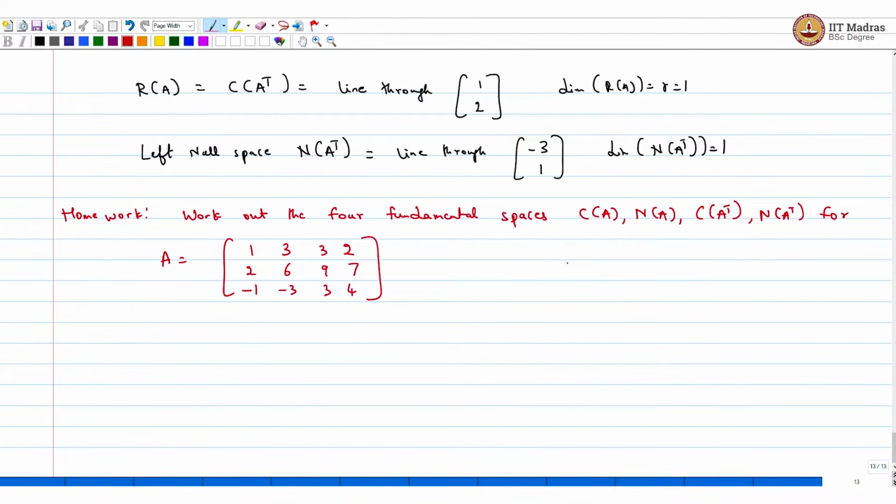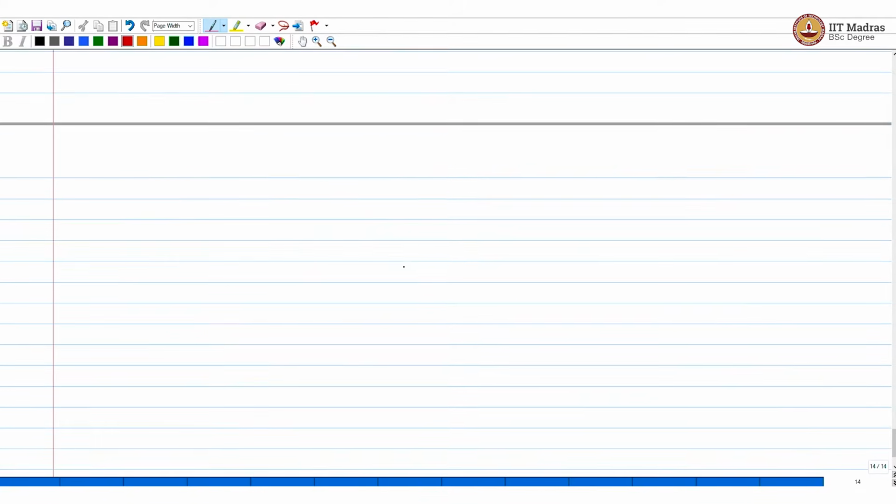Now I needed these four subspaces simply because I wanted to move on to the new topic.